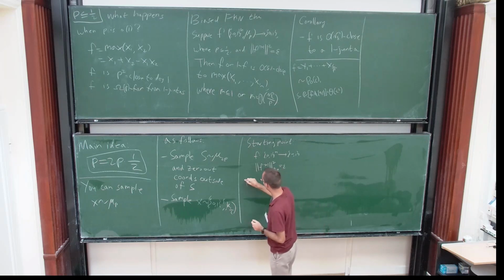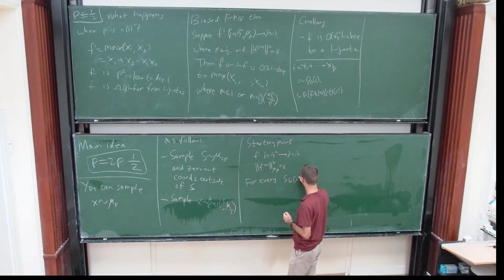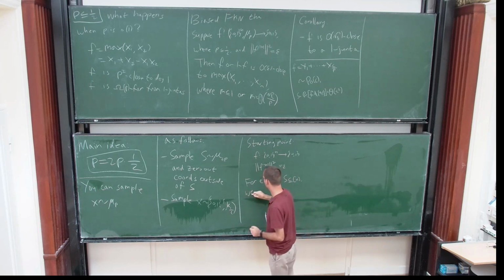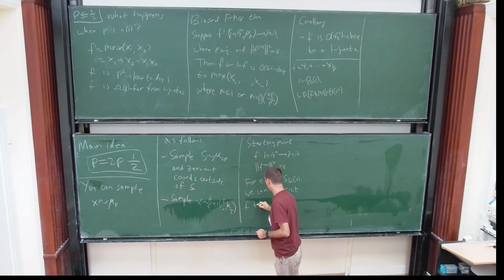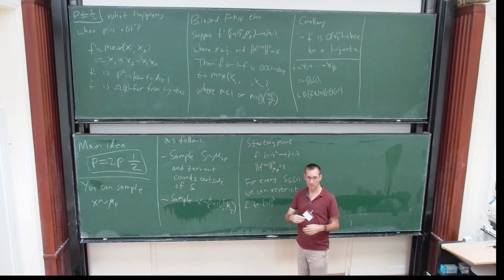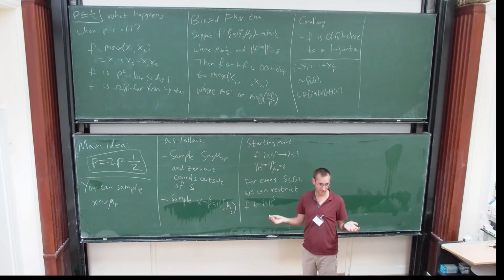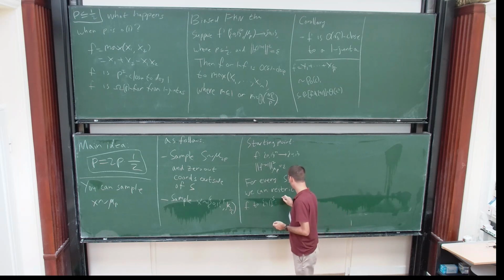Okay, now for every S, you can restrict f to 0, 1 to the S by just zeroing out the remaining coordinates. Okay, so f restricted to S is a function from 0, 1 to the S to 0, 1.